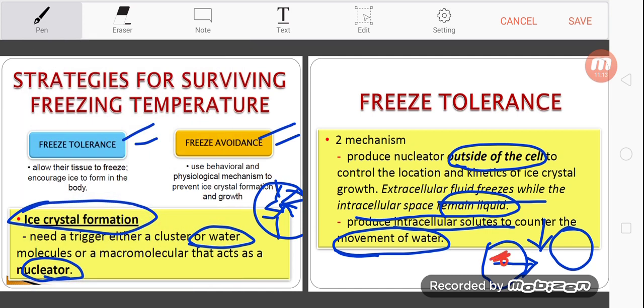Okay, so in that way, suddenly particles or solute inside the cell is higher, so the water can be maintained inside the cell. So this cell will survive in this freezing temperature, despite the outside being crystal ice.